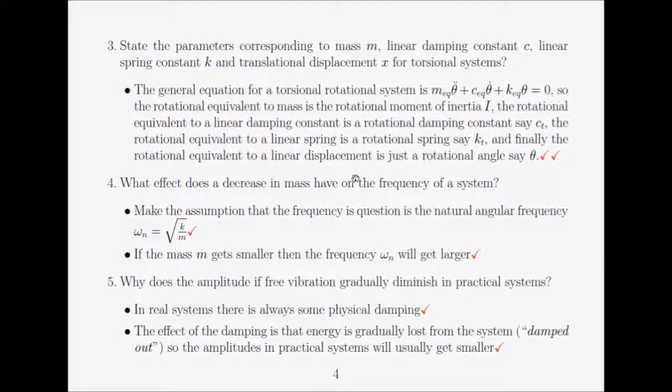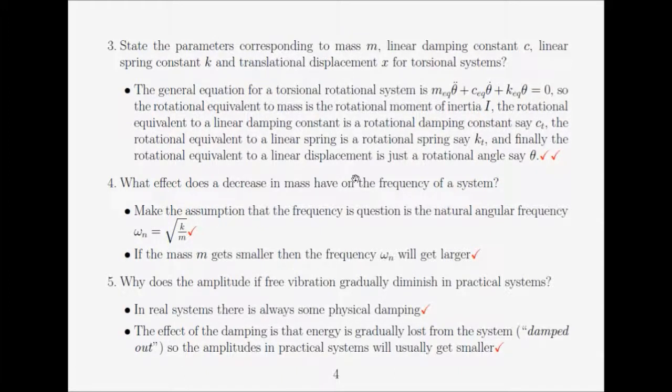Okay, then moving on, the question asks, why does the amplitude of free vibration gradually diminish in practical systems? You have some sort of physical system, a mass, a spring, and a damper. It is perturbed, basically you bump the system, it oscillates in some manner, and eventually the oscillations get smaller and smaller and eventually stop.